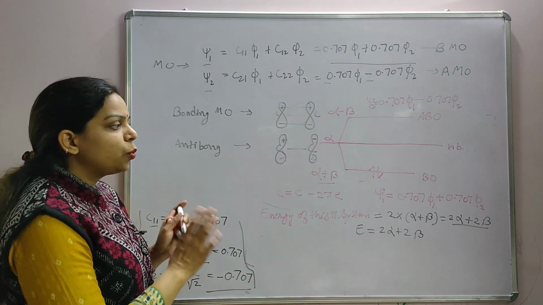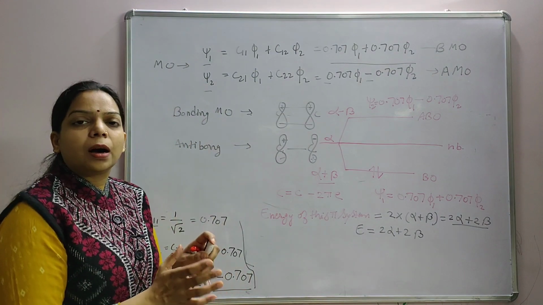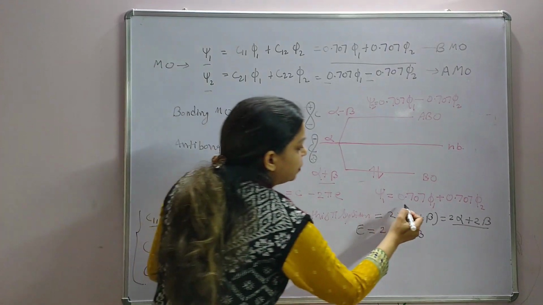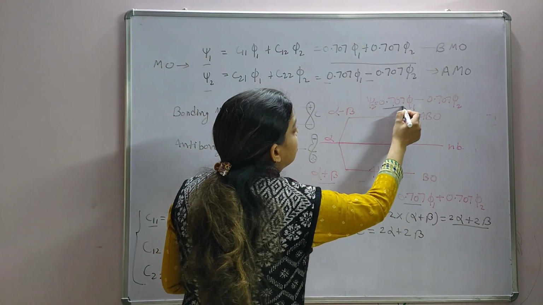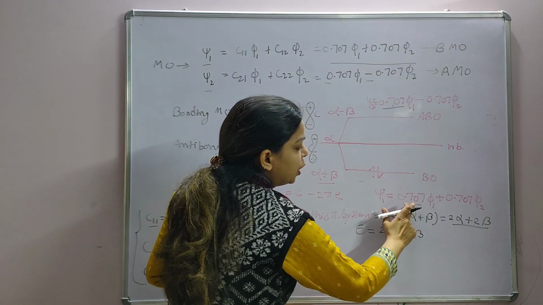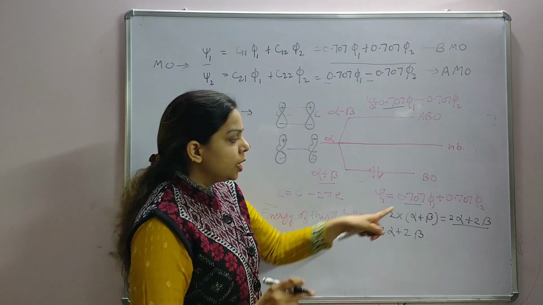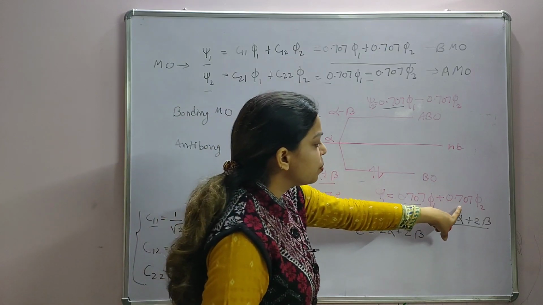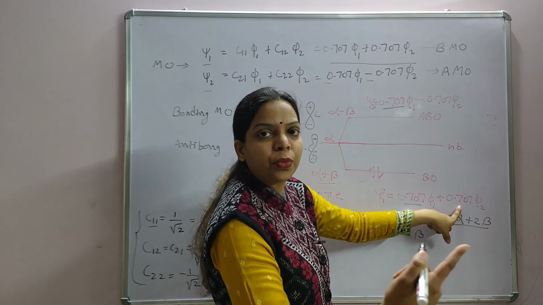Now let's see how to calculate the charge on any carbon atom on the basis of these coefficients. This is the coefficient corresponding to carbon atom number 1 and this coefficient corresponds to carbon atom number 2.